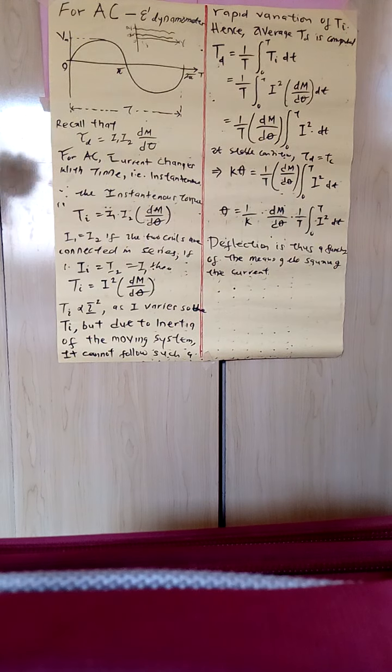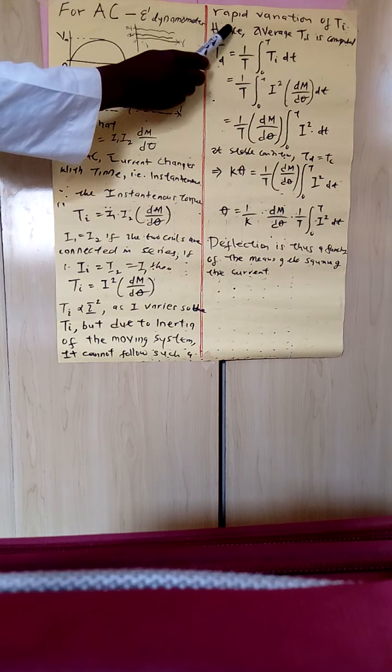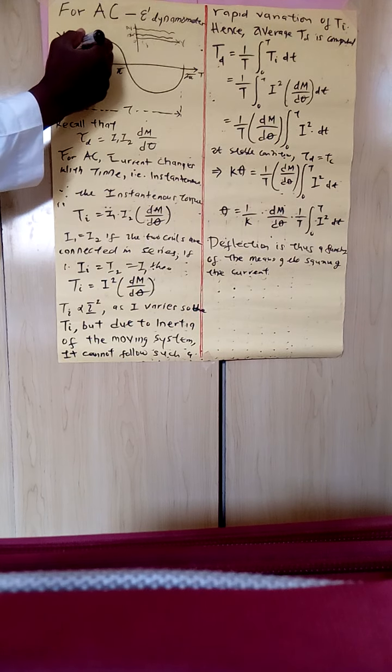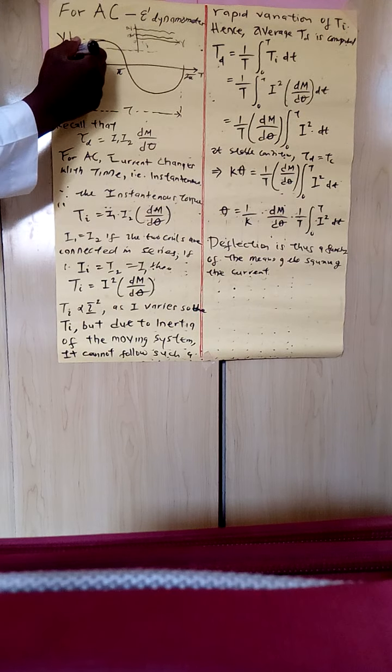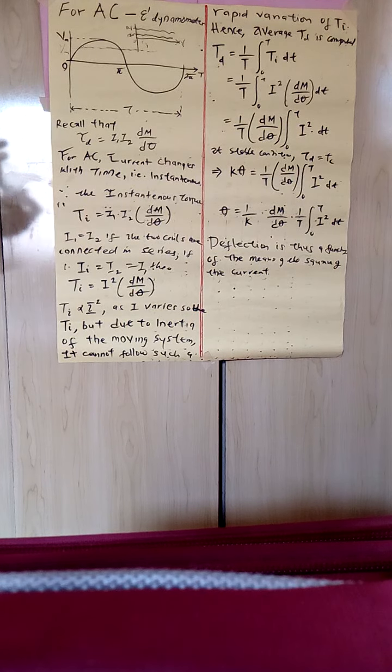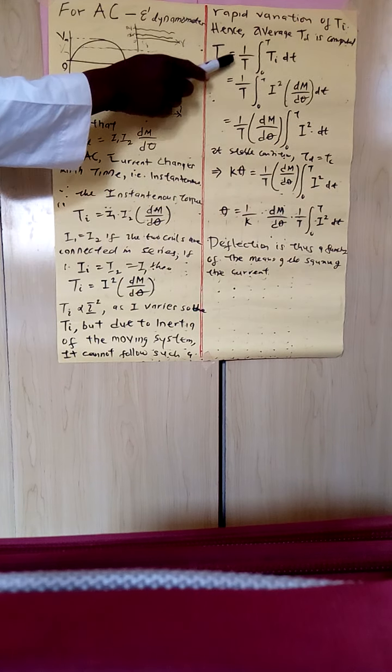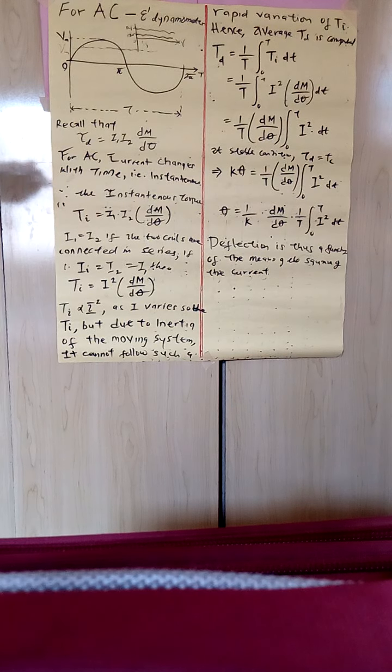So what is done is the average TD is computed. The average is computed around there, and that average is going to be TD, which is equal to an average.